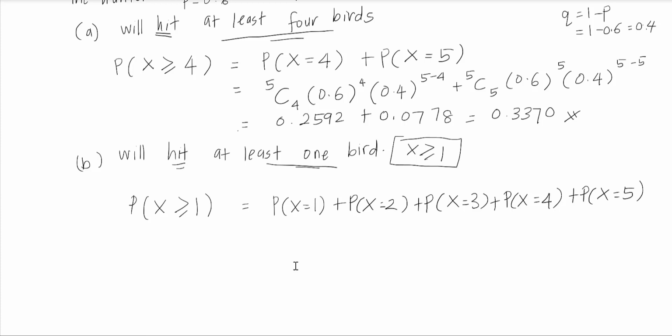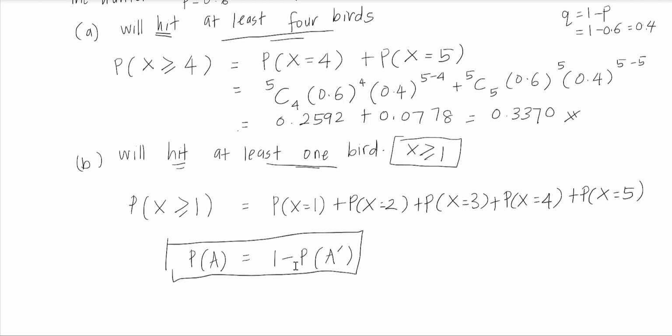But you know that we have learned the theory in which for each event, the probability of A is equal to 1 minus the probability of the complement of A. So we can use this theory.